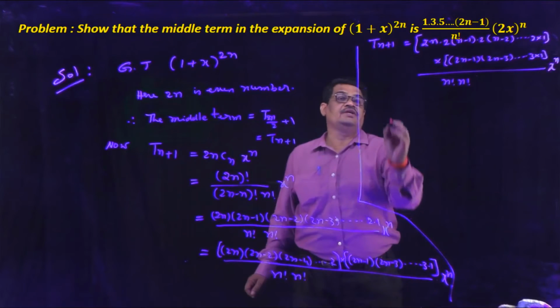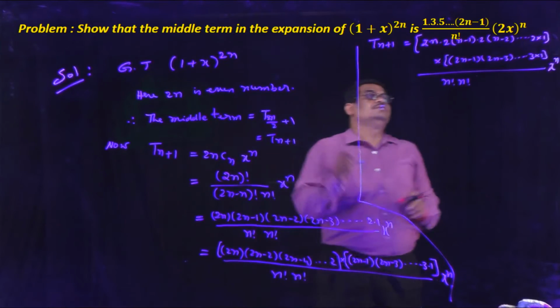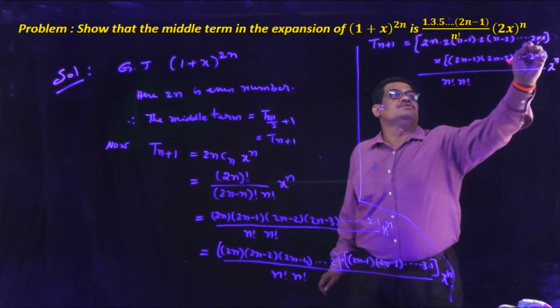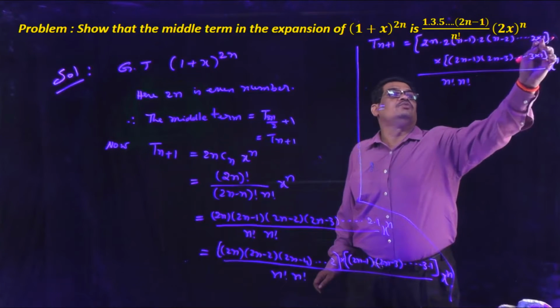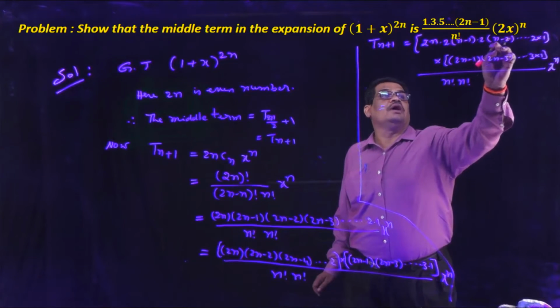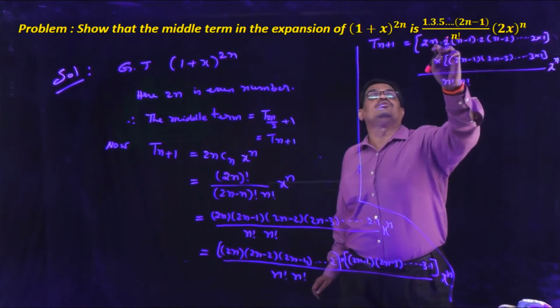That is equal to 1 into 2 and so on, (n minus 2) into 2, (n minus 1) into 2 and n into 2.